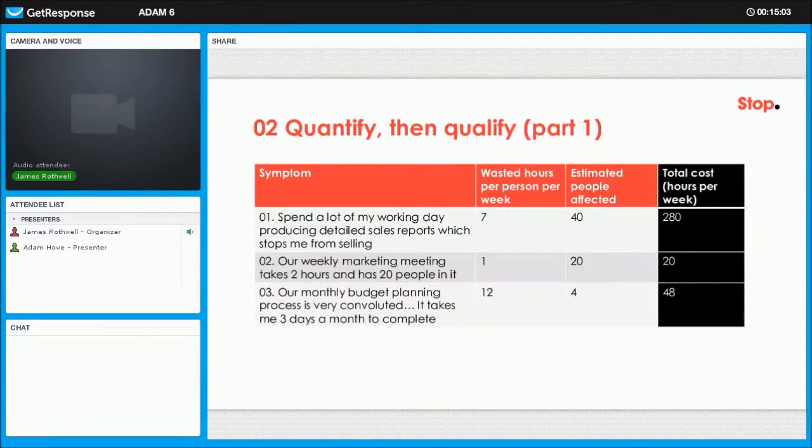And you can quite easily do that by considering them yourself, or thinking about the people you work with or the teams that you've got. And then doing a very rough estimate on the number of people affected by the complexity. So here for this particular example, we're looking at a medium-sized sales function. But this number in this column could be your entire organization. In some cases, it could just be you and a peer.